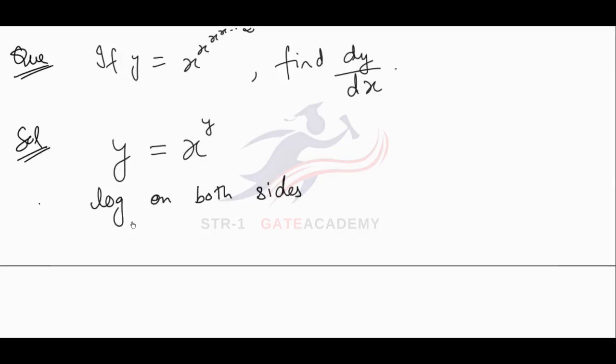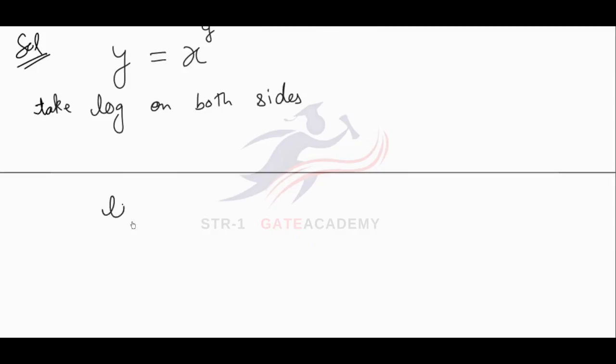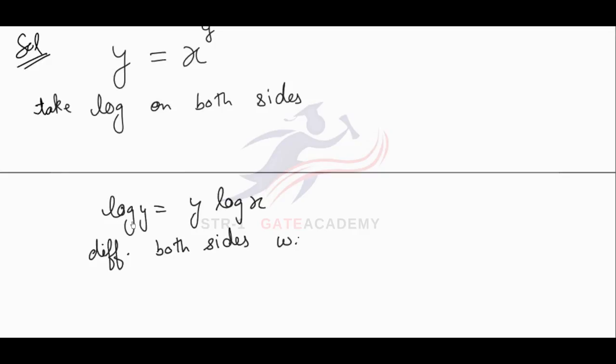Why I'm telling you is, it will help us. Taking log, it will become log y is equal to y log x, right? Differentiating both sides with respect to x.